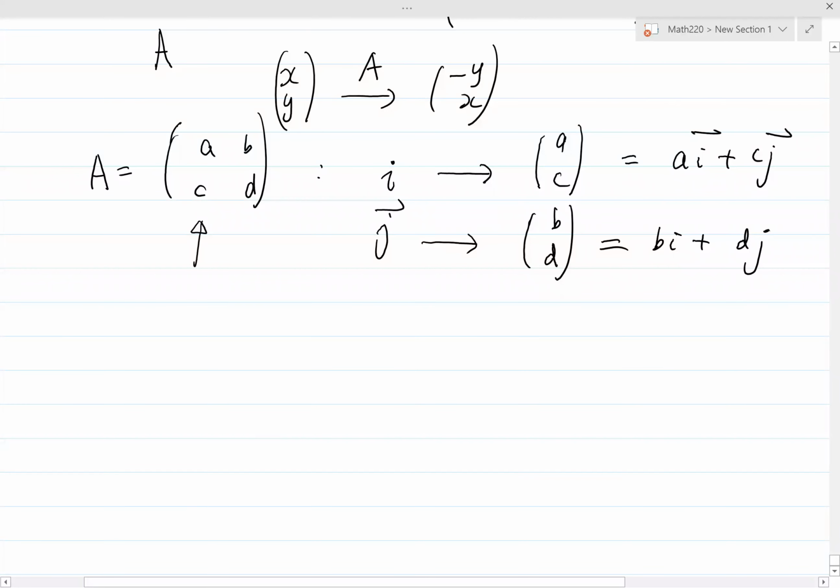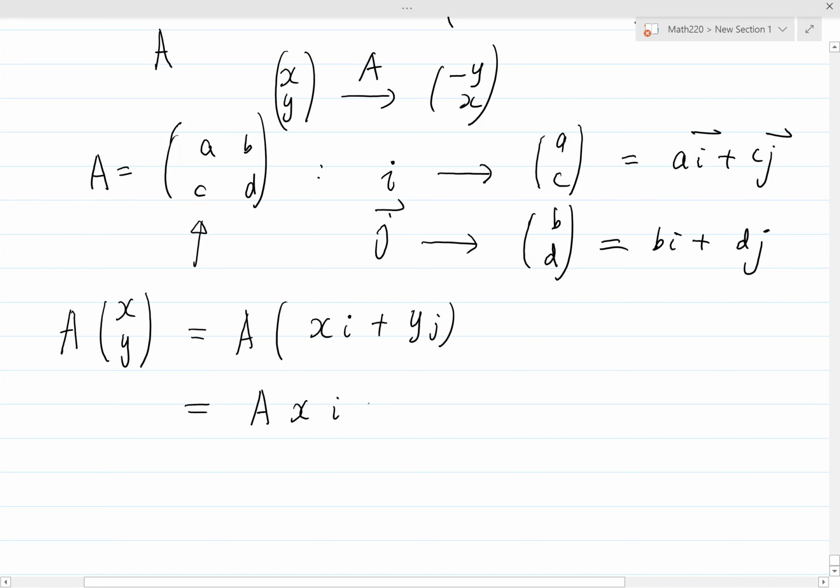So how do we get A applied to x y? It means A applied to xI plus yJ. By the linear property, we can distribute: xA(I) plus yA(J). The output of I corresponds to x times a, c.